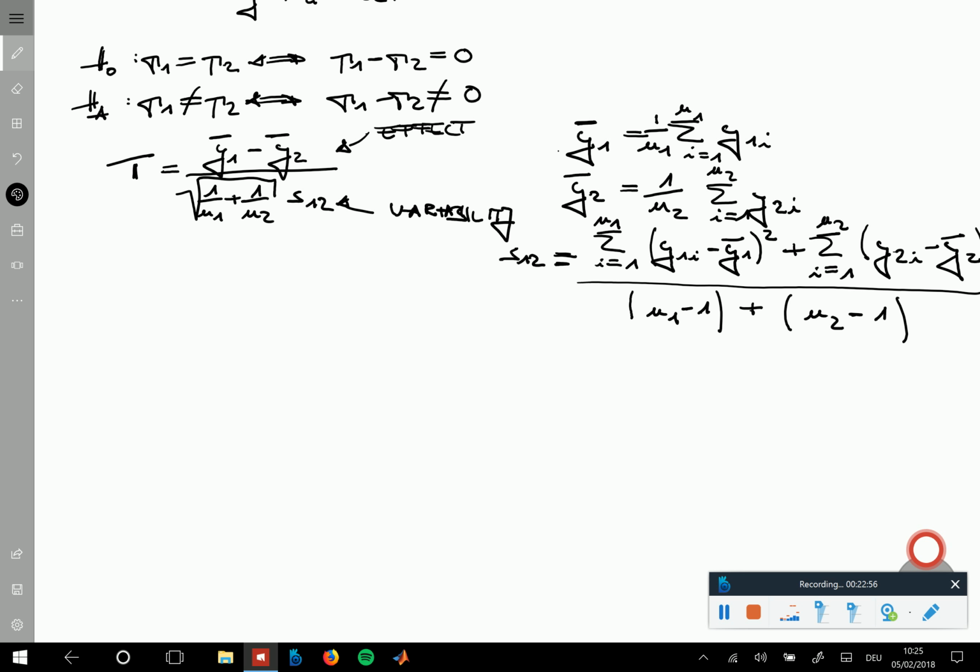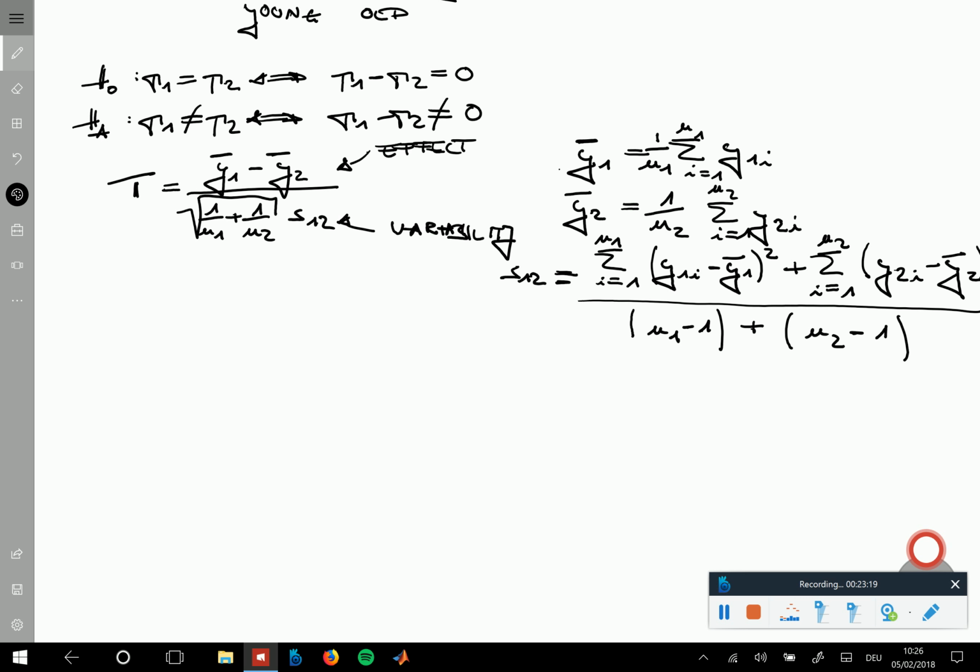You have this t-value, and then of course you can use the standard way of doing hypothesis testing. If your t-value is larger than some critical value, then you say, okay, this is unlikely to happen under the null hypothesis, so I reject the null hypothesis and think that the underlying population parameters are not necessarily identical.